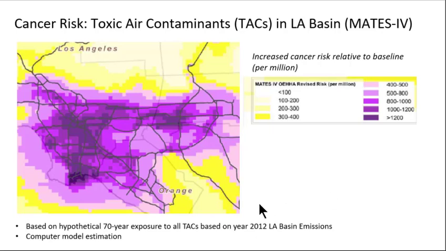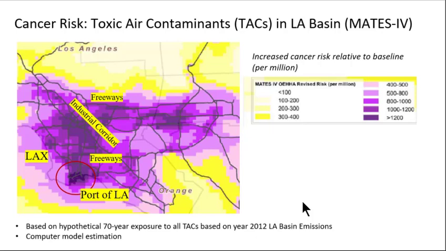Looking at the map, the main point that can be seen is the local nature of the risks. One can see, for example, higher cancer risks in locations corresponding to many of the types of local sources mentioned earlier. For example, higher risk is seen over the Port of Los Angeles, the Los Angeles LAX airport, near sections of major freeways and near industrial areas and corridors.